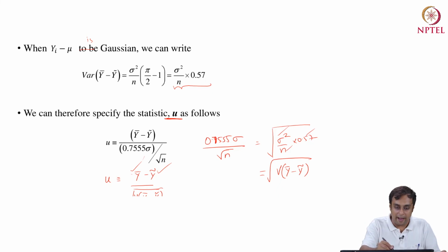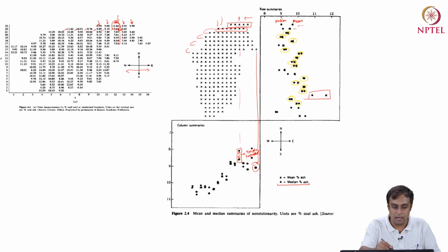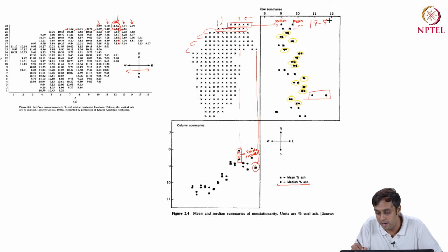So if I go back 2 steps from here, what I should be able to do is wherever I have a mean and a median for the row, I will also have a y bar minus y tilde, and I will also have a u for the row.